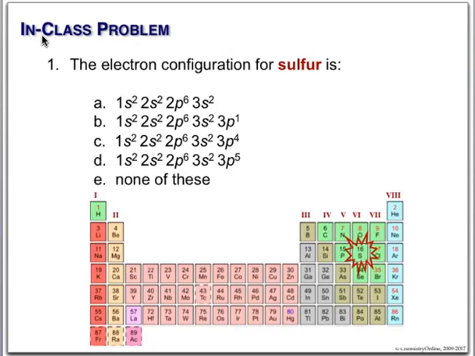All 4 of these are 1s2. Our second energy level. First we fill the S, and that's 2s2. Completing our second energy level, we can put in 6 electrons, so that's 2p6. Gee, they're all the same, aren't they?